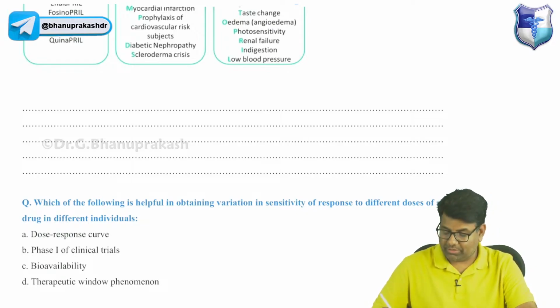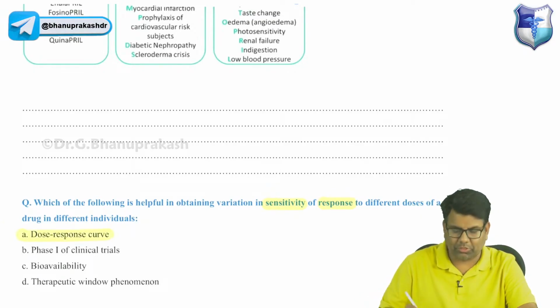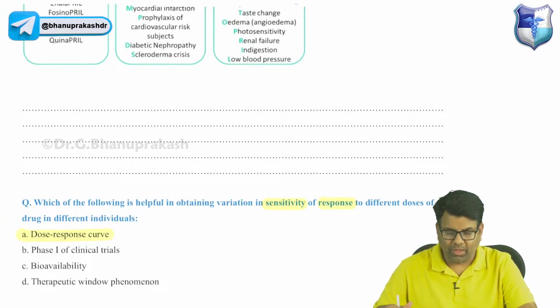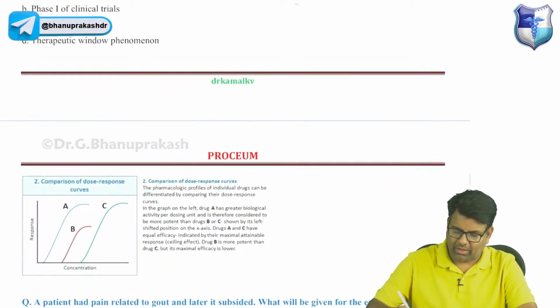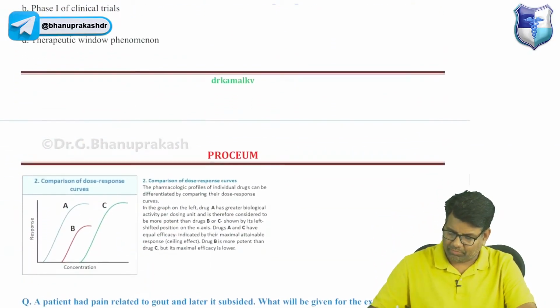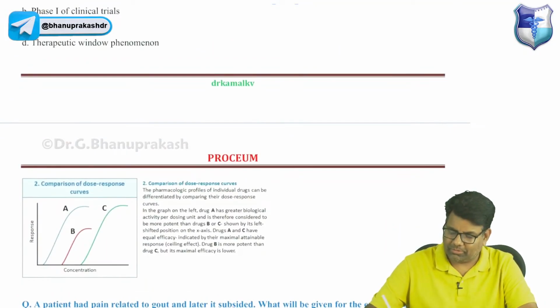Which of the following is valuable in obtaining variation in sensitivity of response to different doses of drug in different individuals? Yes, this is dose response curve. Yes, DRC, very good. Dose response curve. And if you look at the dose response curve, you will find two terms.